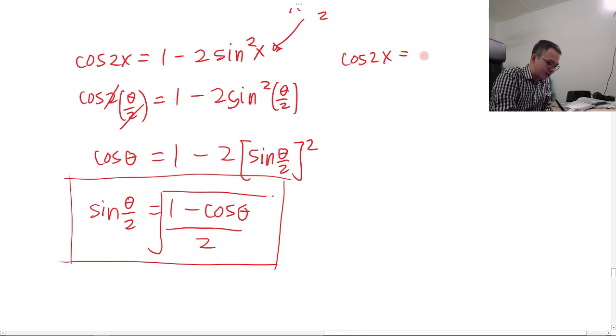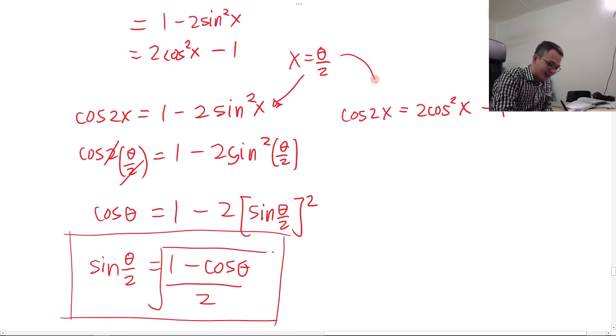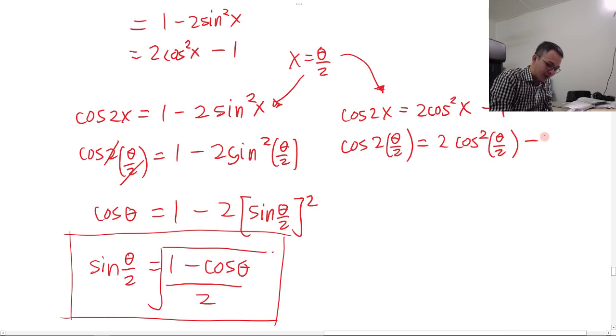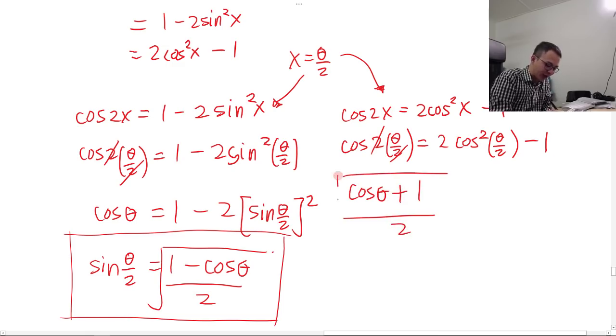Cos 2x equals 2 cos squared x minus 1. So I will substitute x equals theta over 2 here. So cos 2 times theta over 2 equals 2 cos squared theta over 2 minus 1. This one is cos x, so I'm going to make this the subject. This is cos theta, minus 1 moves here to become plus 1, 2 moves here and divide by 2, the square moves here and we can square root.